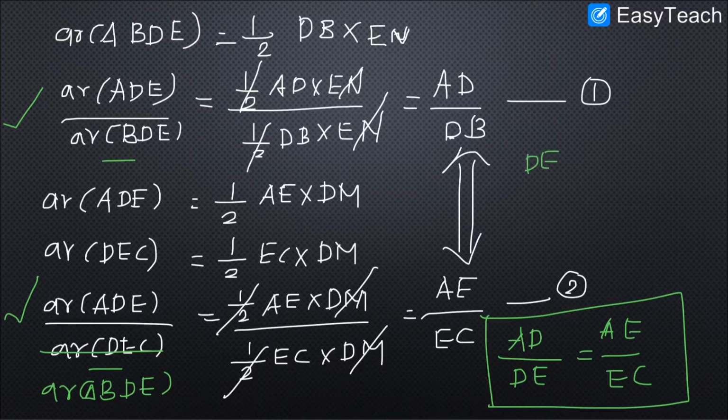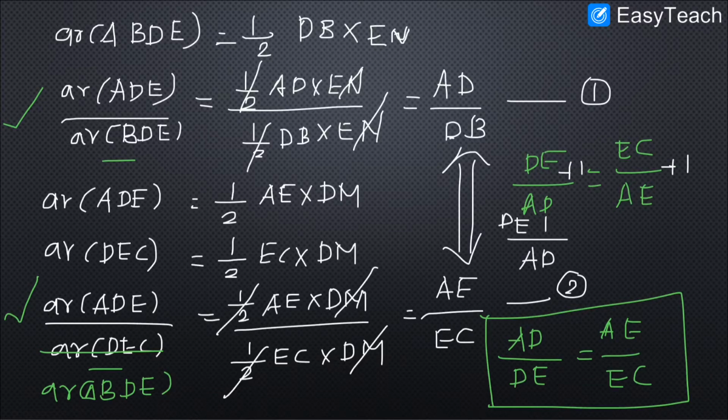Not only this, there are still more results that can be proved. For example, the reverse of this. Reverse means the reciprocal of this: DB upon AD equals EC upon AE, also true. Apart from this, again we can prove it if you add 1 on both sides.